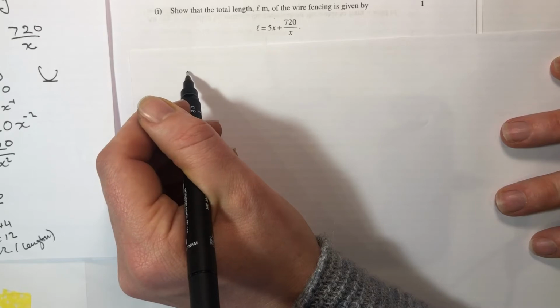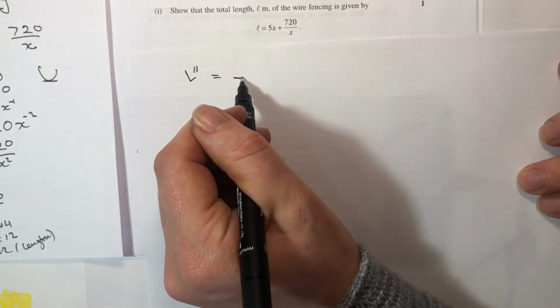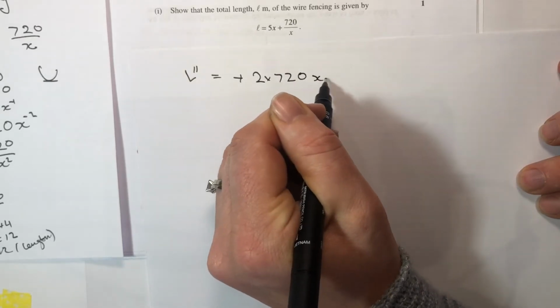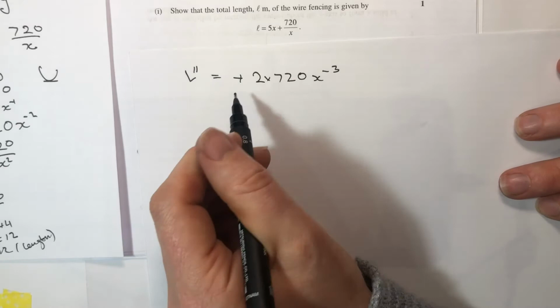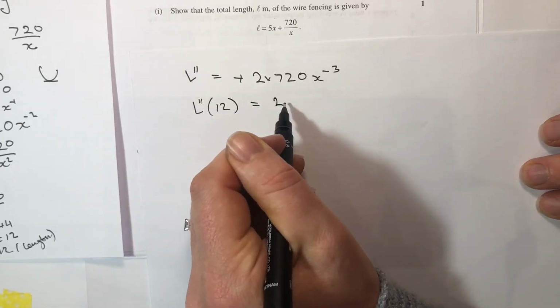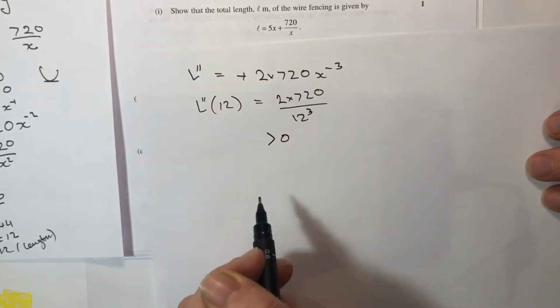So I need L double dash, which is going to equal positive 2 by 720 x to the minus 3. And L double dash at 12 would equal 2 by 720 on 12 cubed, which is greater than 0.